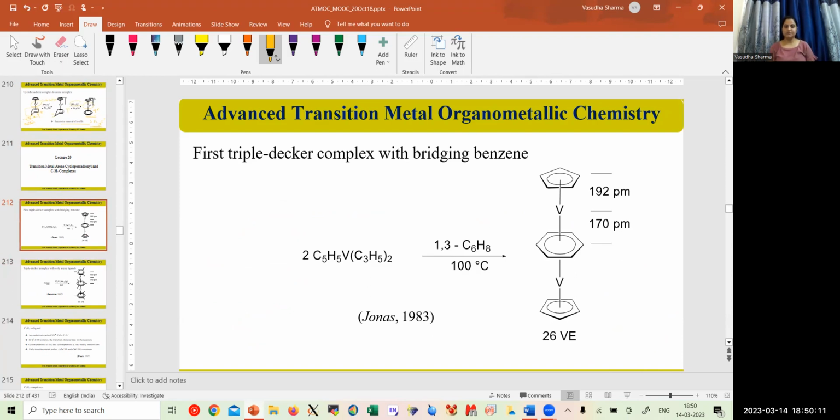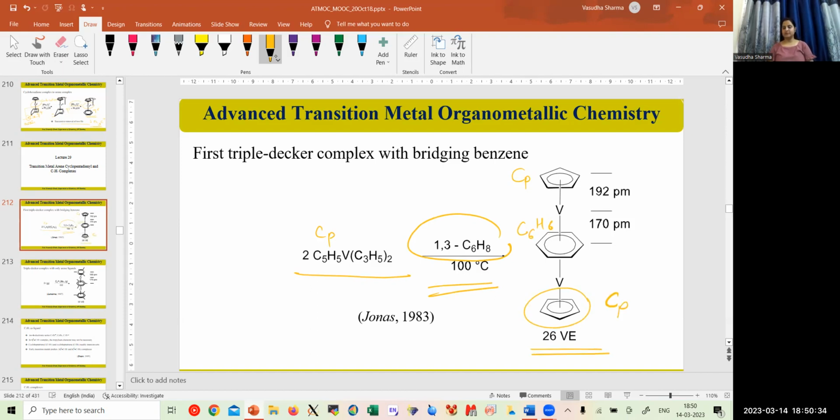As you can see over here, we have used C5H5, that is Cp, and C3H5 two times, and in the presence of C6H8, which is going to replace the C3H5 at 100 degrees, it is making a bond with Cp, vanadium, C6H6, and again a Cp, which is C5H5.